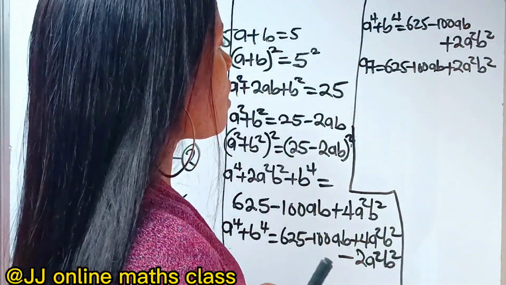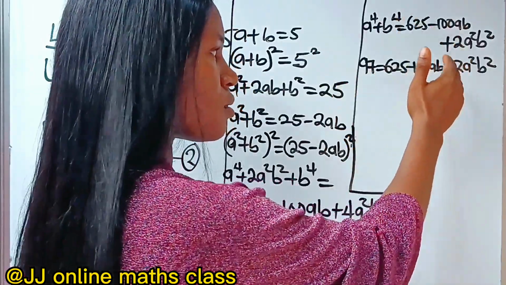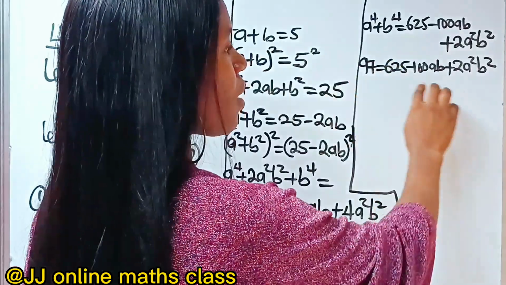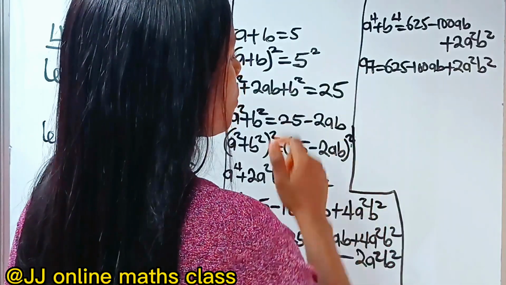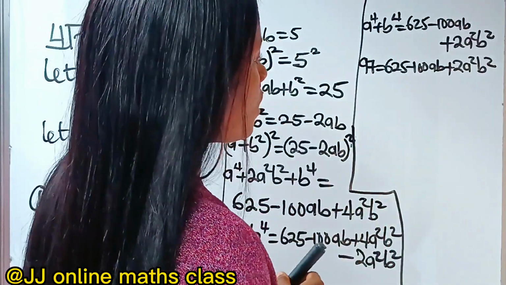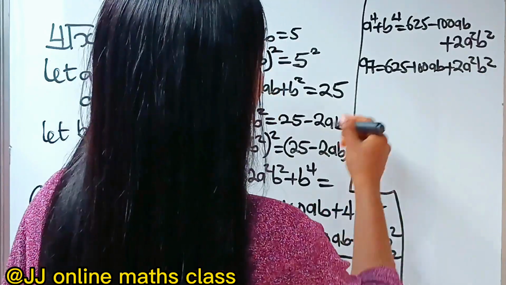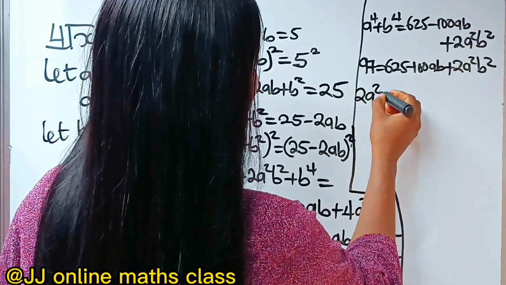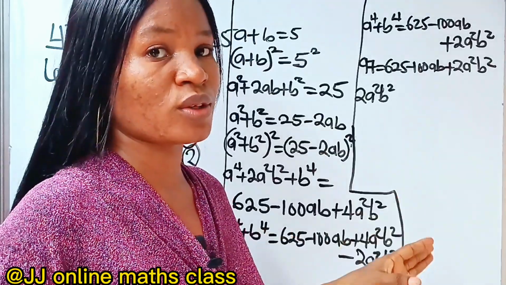All right, now if we transfer this 97 to this side, so that we form a quadratic equation, let's transfer this 97 to the other side so that we have 0 here. That means if we do that, let's start with this 2a squared b squared, because we want to arrange it well as a quadratic equation.